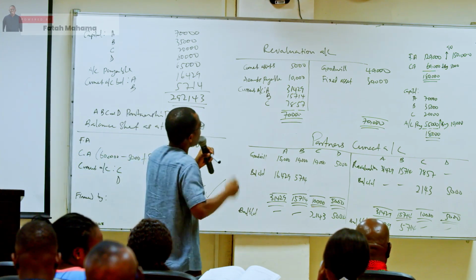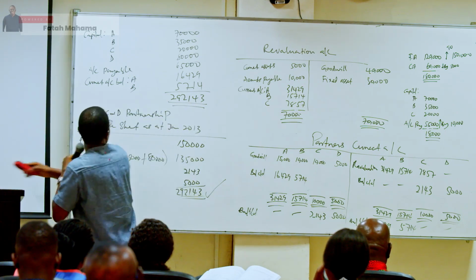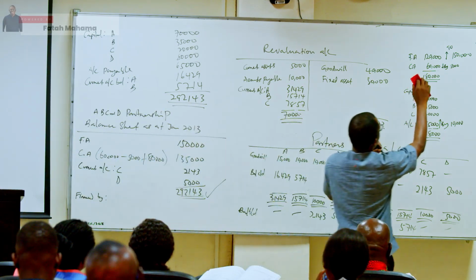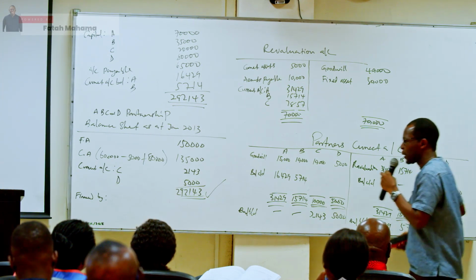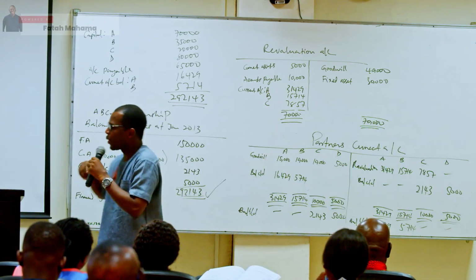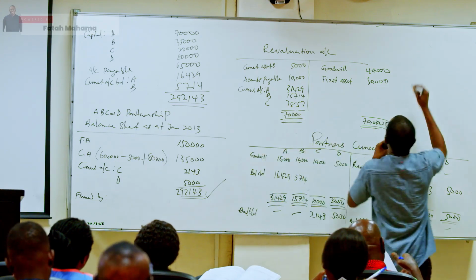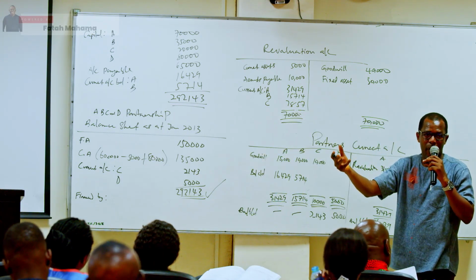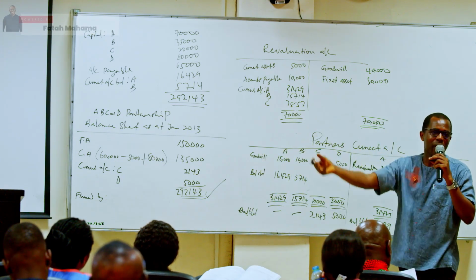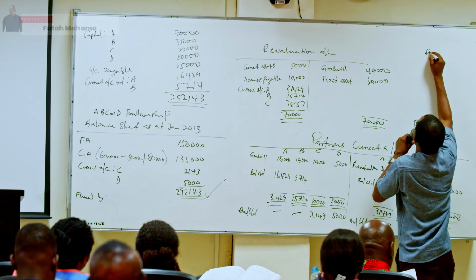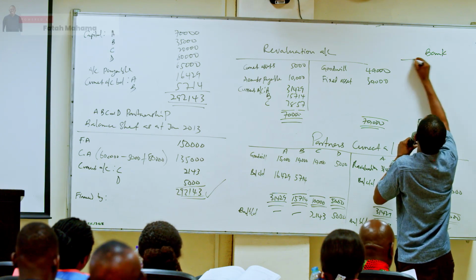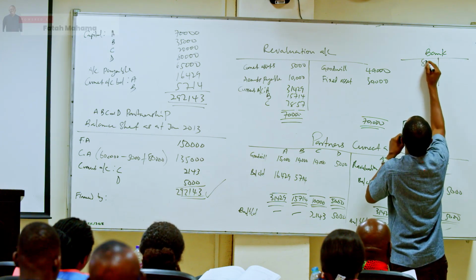So the introduction of capital. When the partner introduces capital, these are the entries that we're supposed to pass. Assuming he gave us a check, or he made a direct bank transfer into the firm's bank account, the firm's bank account would have received money, 80,000.